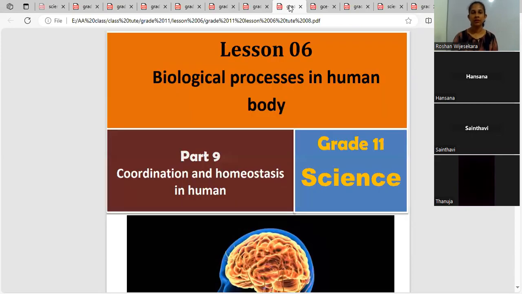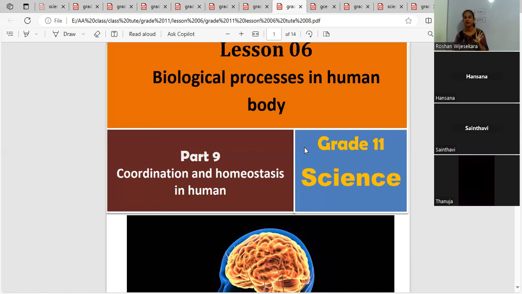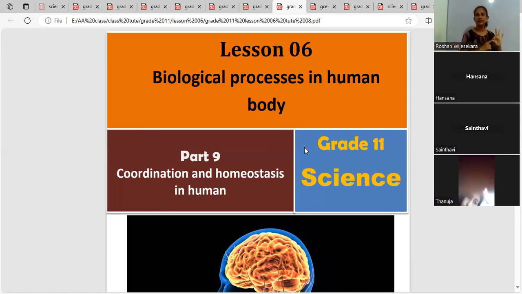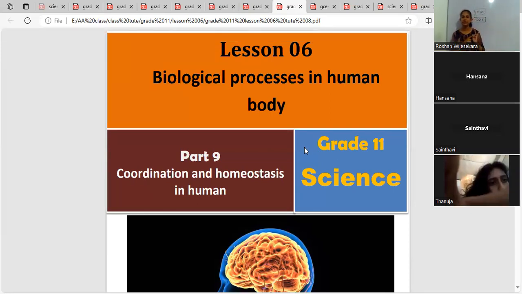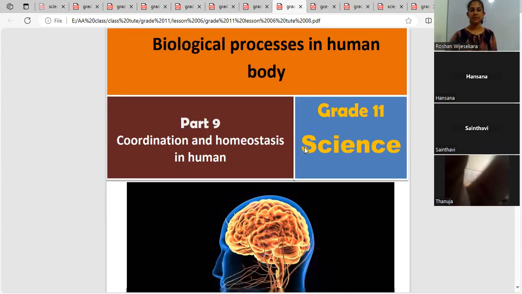Then coordination and homeostasis in the human nervous system. That is the final tube we discussed. First we discussed the digestive system, respiratory system, excretory system, circulatory system, and lymphatic system. Then the sixth one is the nervous system, the central nervous system.